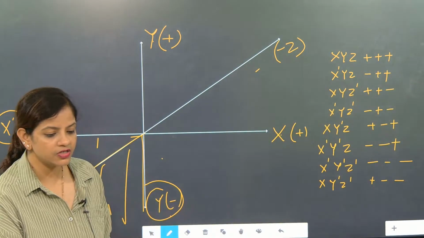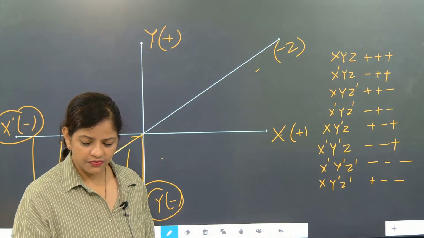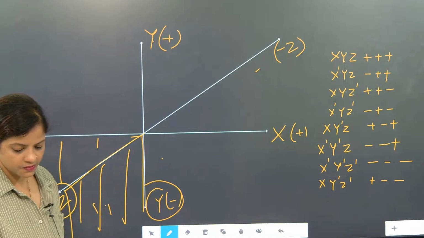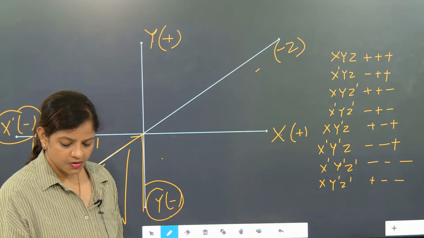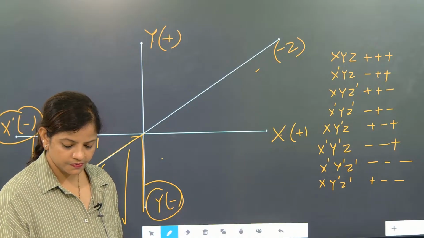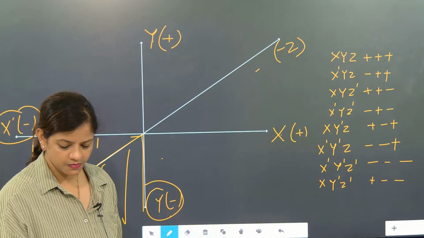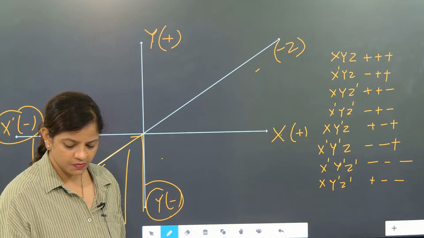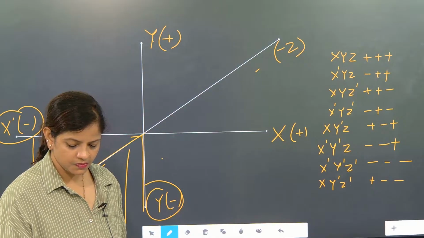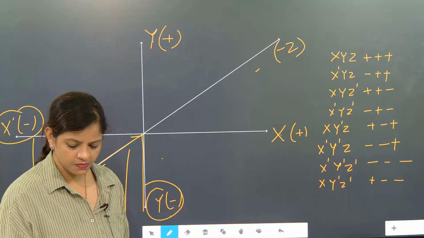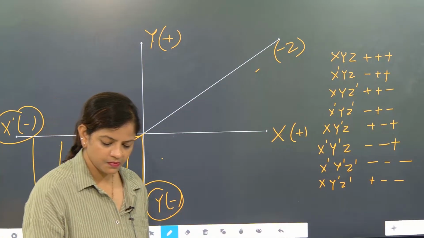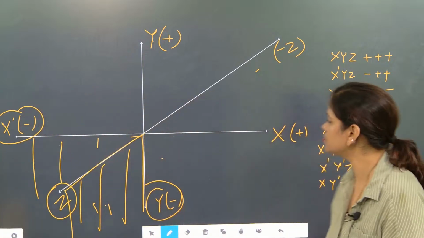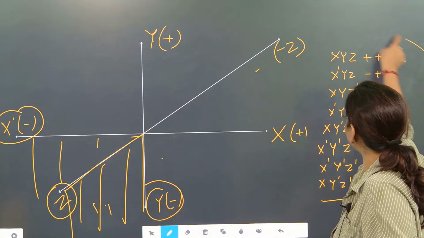I hope you have understood, beta. So this is the way of writing. So this is exactly how the 8 parts come out.